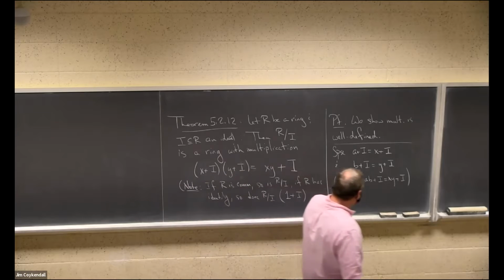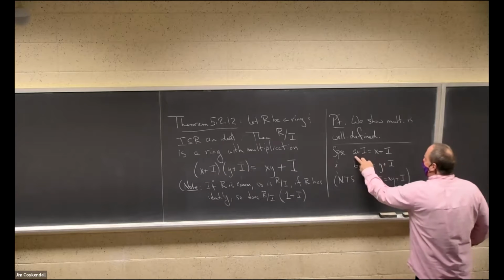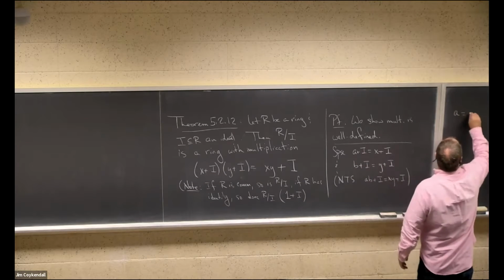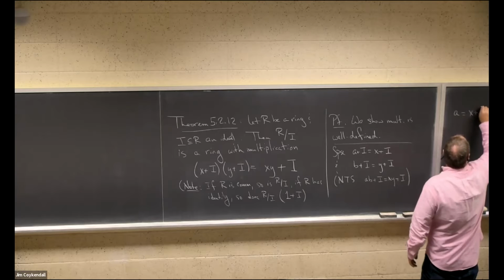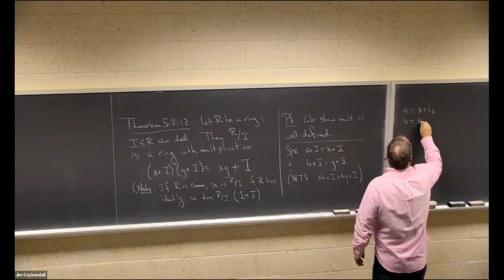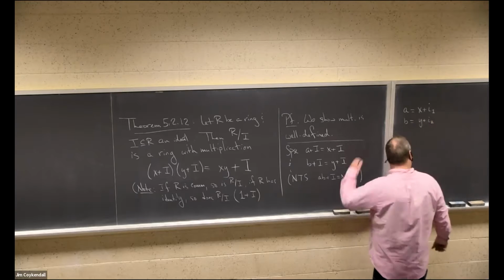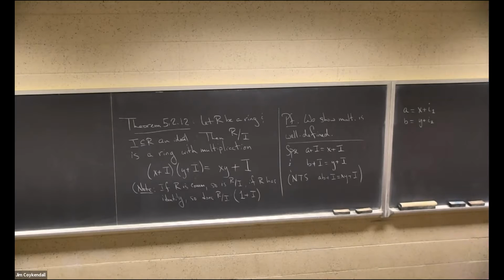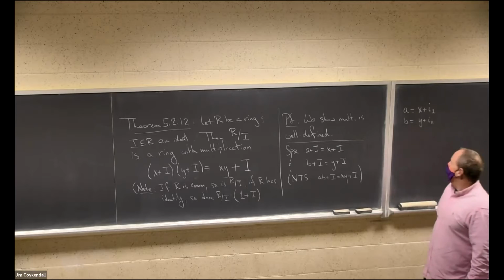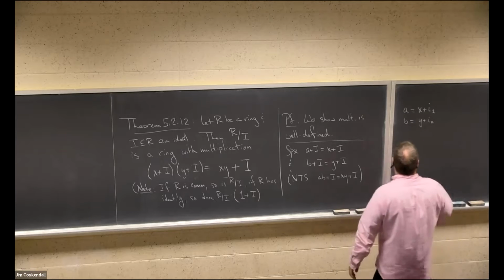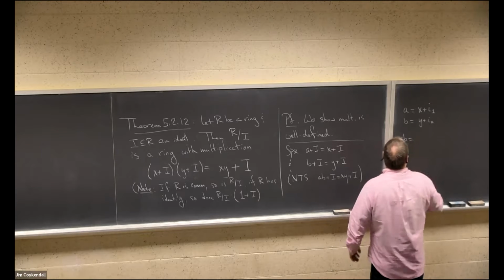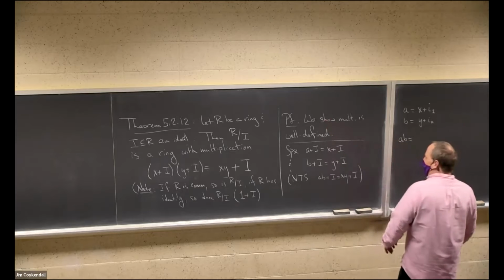Well, what I want to do is this. Because the coset A is the same thing as coset X, and the coset B is the same thing as coset Y, I've got this going on, right? So if I look at AB, let's just straight up multiply this.